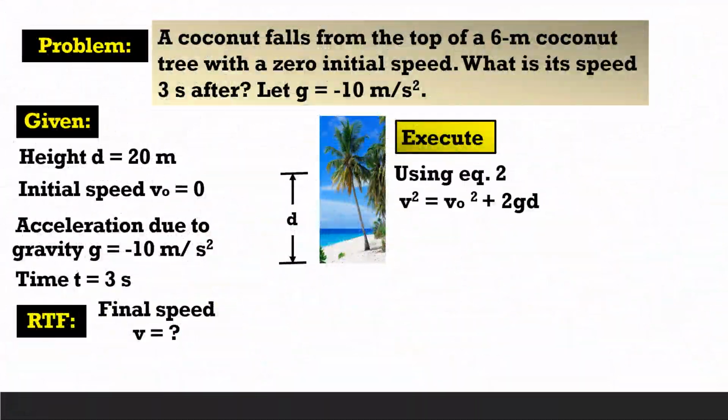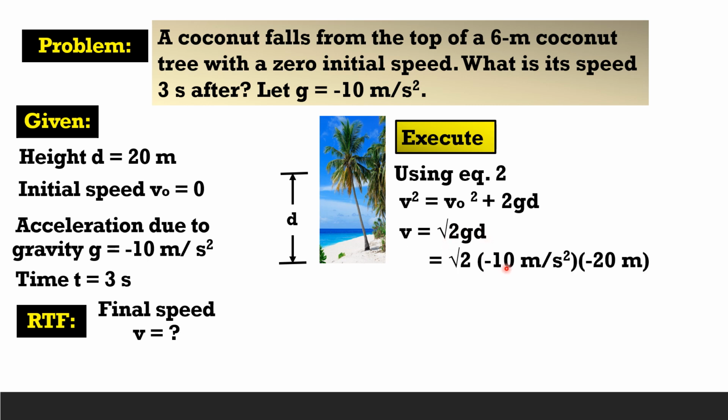Since v naught is equal to 0, to get the value for v, we just get the square root of 2gd. We substitute: v is equal to the square root of 2 multiplied by negative 10 meters per second squared, and the value for the height, which is negative 20 meters.